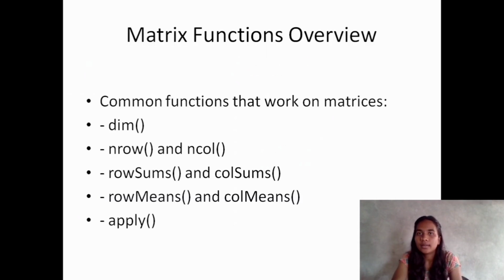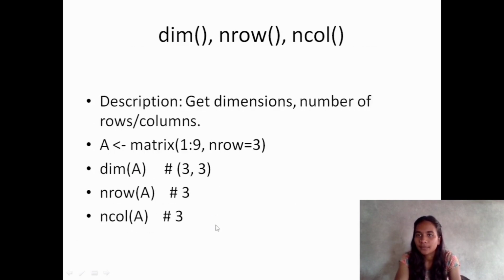Next, here you can see the matrix functions, that is, all the functions that work with a matrix. The first one is the dim function, then nrow and ncol, next rowSums and colSums, and rowMeans and colMeans, and the last one is the apply function. So let's see them one by one.